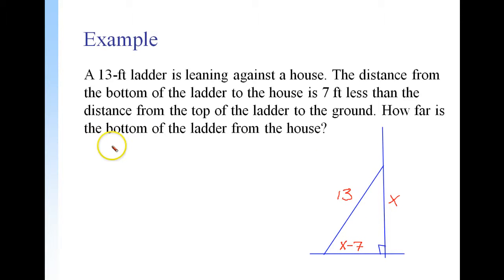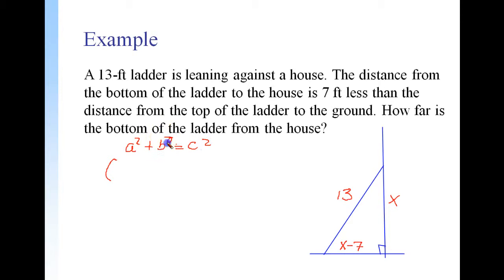How far is the bottom of the ladder from the house? So we have to solve for x and then subtract 7 from the x, and that'll give us this distance. So what do we have here then? Well, we have a squared plus b squared equals c squared.